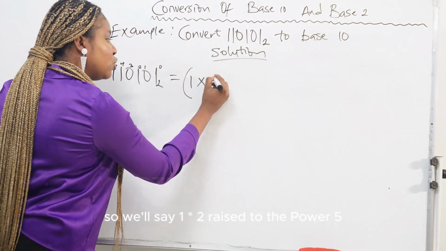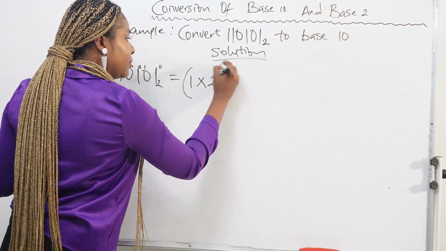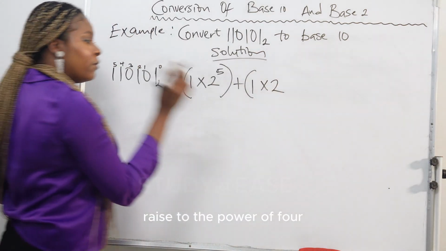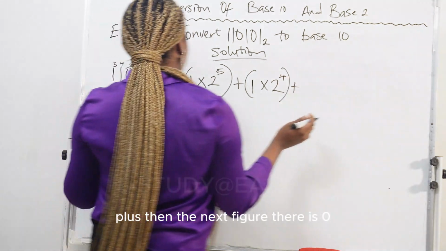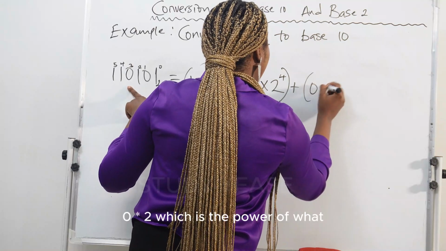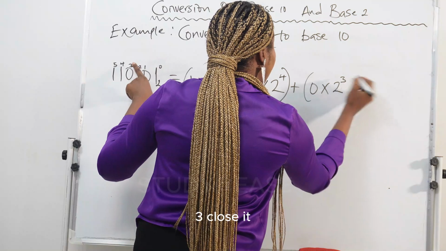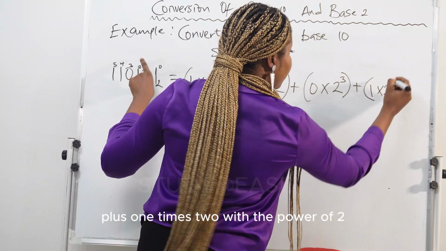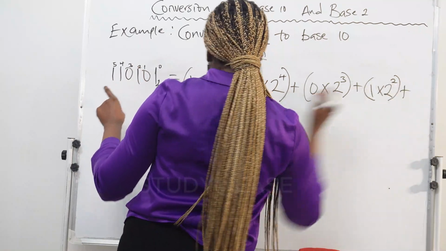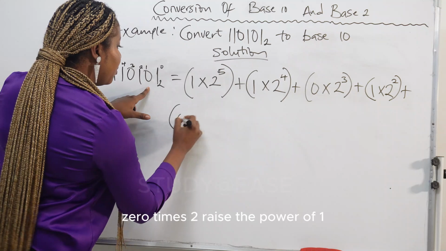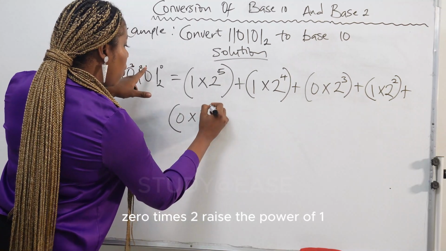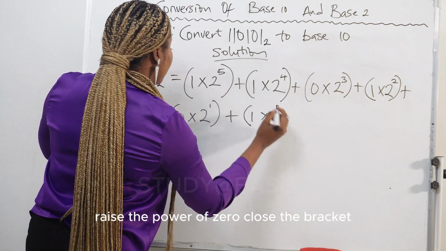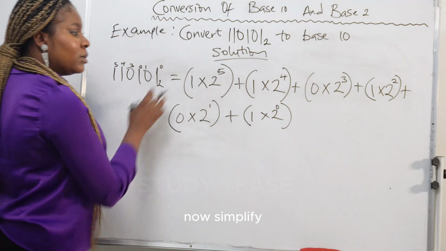So we'll say 1 times 2 raised to the power 5, plus 1 times 2 raised to the power of 4, plus 0 times 2 raised to the power of 3, plus 1 times 2 raised to the power of 2, plus 0 times 2 raised to the power of 1, plus the last number, 1 times 2 raised to the power of 0. Now we'll simplify.